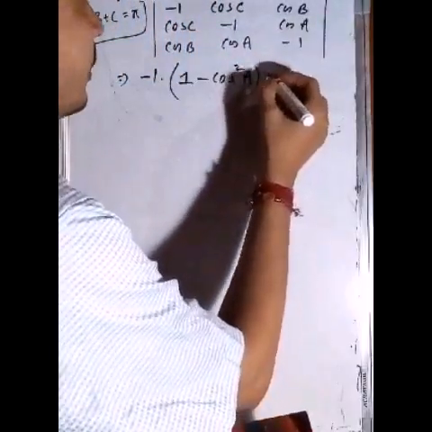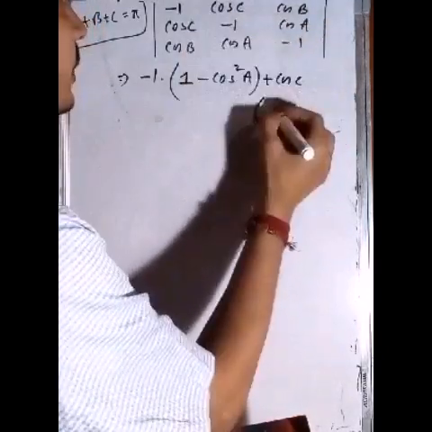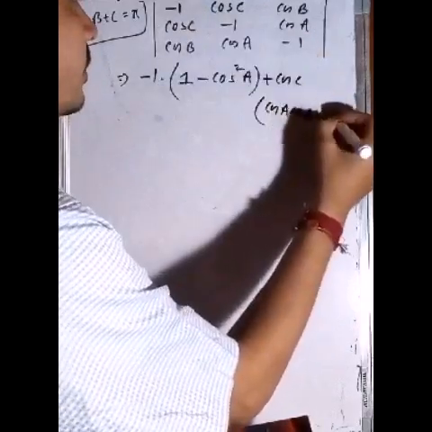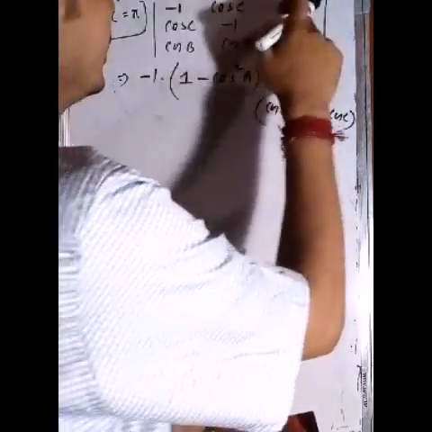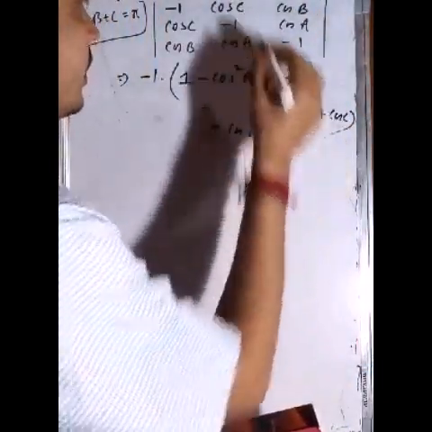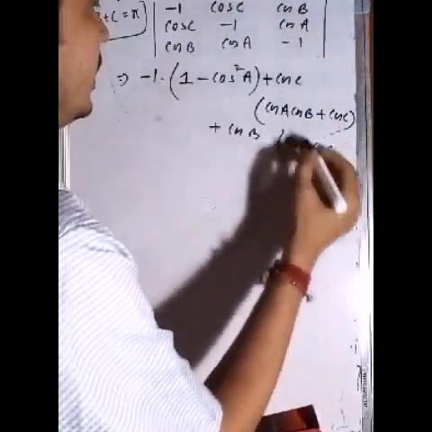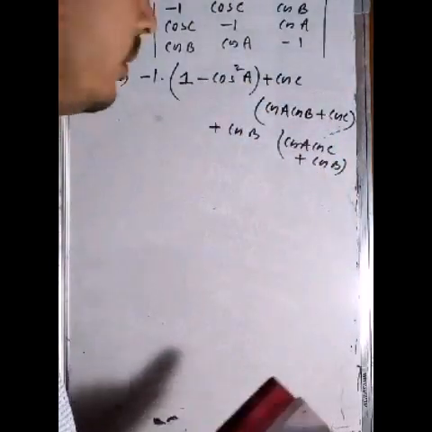So 1 minus cos square A, then plus cos C into (cos A cos B plus cos C), then plus cos B into (cos A cos C plus cos B). So this is the expanded form of the determinant.